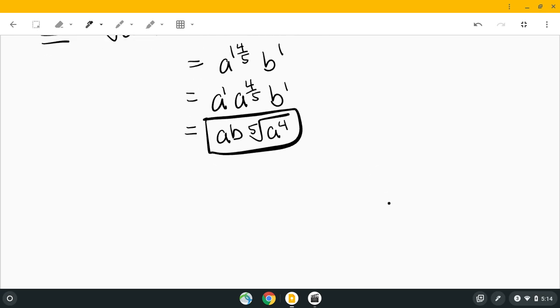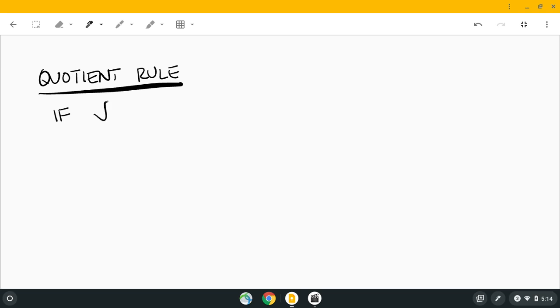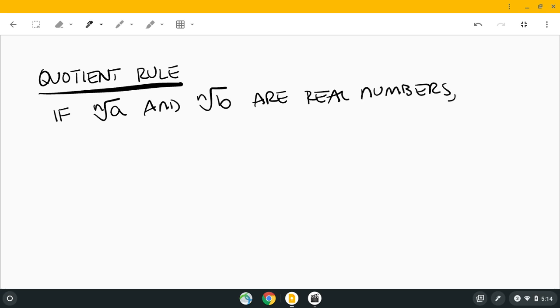Let's take a look at the quotient rule. All right, so it states that if nth root of a and nth root of b are real numbers, then, similar to the product rule, if you have this division, it's the equivalent of splitting them up.